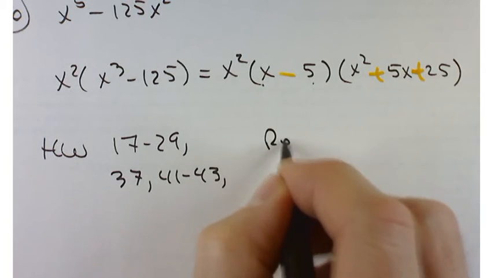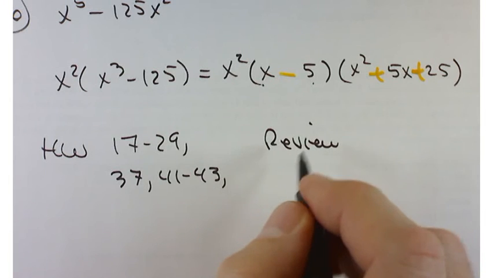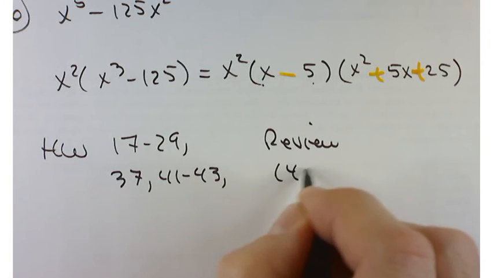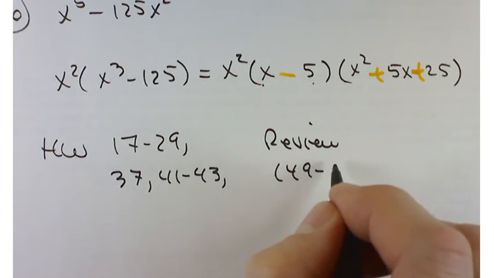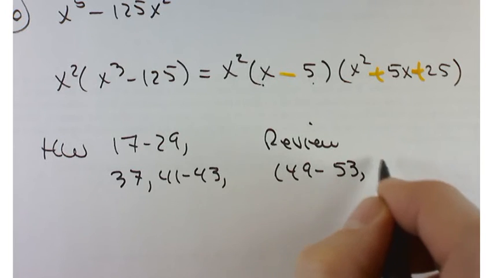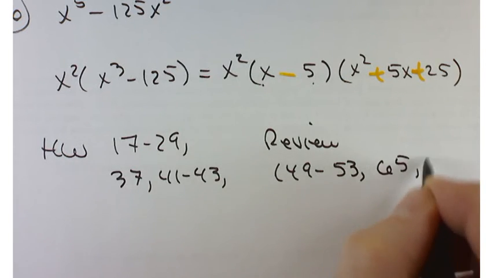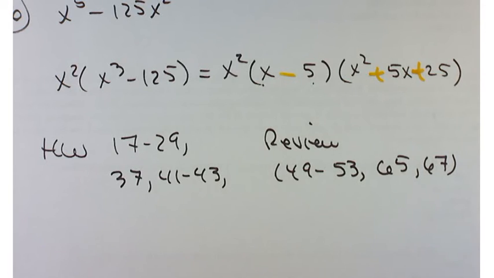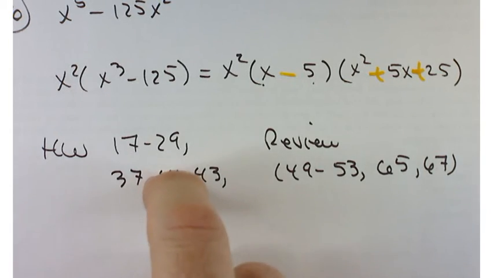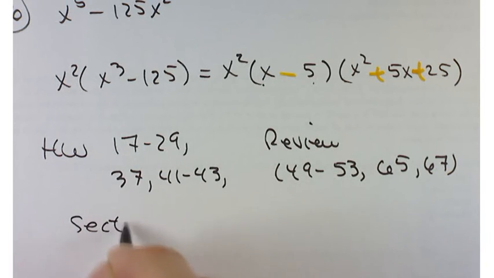Now there's some review problems as well. If you wanted to do some problems that are review in nature, they would be 49 through 53, 65, and 67. It's kind of up to you how much you want to do on the review, but I suggest at least you do this much to get some practice for section 6.5. Good luck.